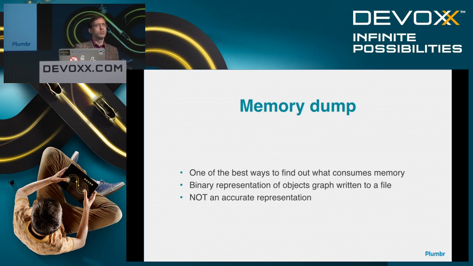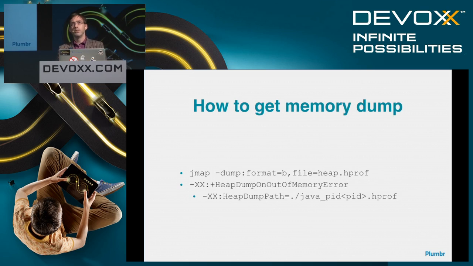It's not an accurate representation of the heap, but it's good enough for memory leak detection. So how can you take a memory dump? Two ways. The first way, if your JVM is still running, you can use the jmap tool, which is part of the JDK, and dump the heap into a file.